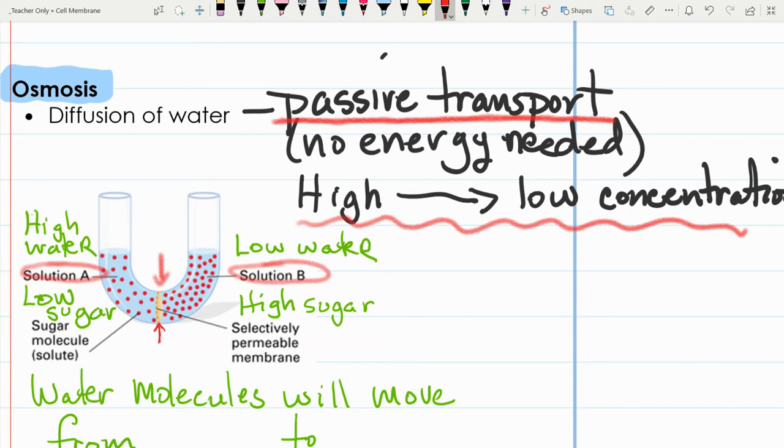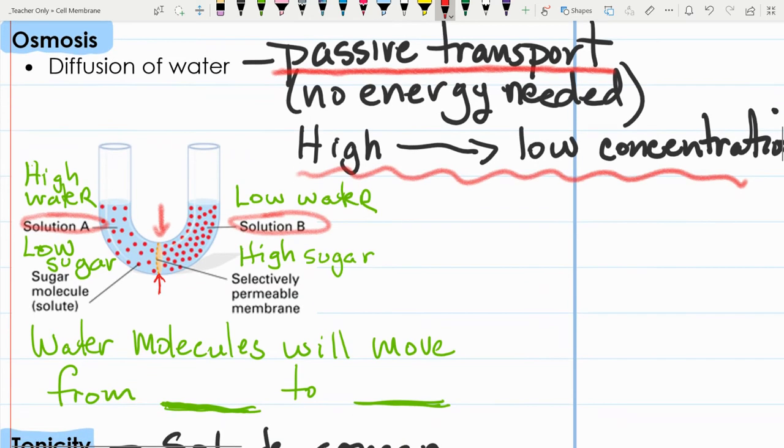So think about it. Look at the definition. Where is there a higher concentration of water? And then which way will the water move across the membrane? All right, if you said that the higher water is on the left, you'd be correct, and the water would move to the right.